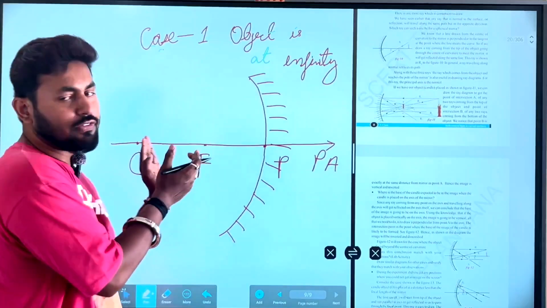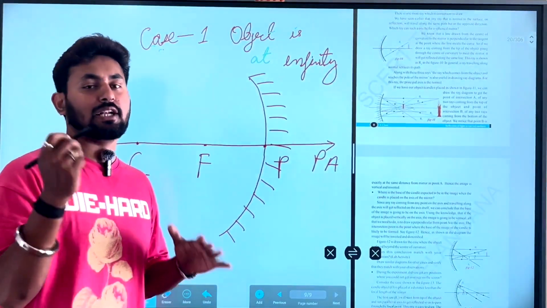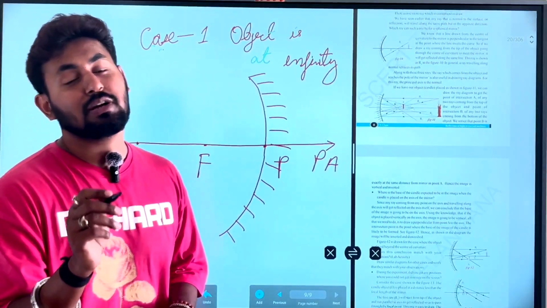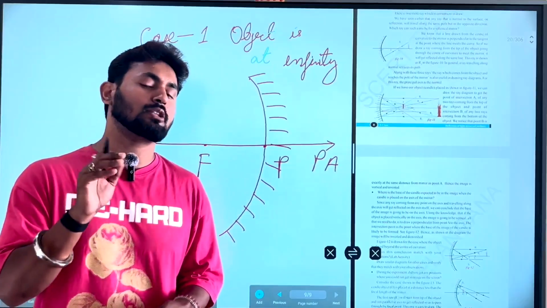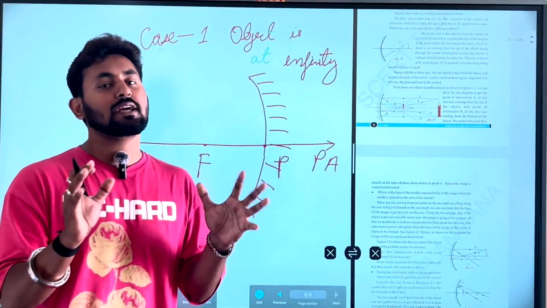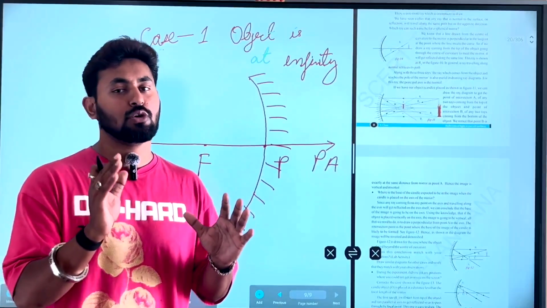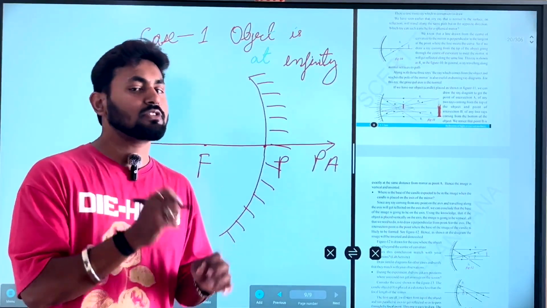I am drawing it roughly over here with this pen, but when you draw it, please use a scale and pencil with a compass, so that you get the measurement of the diagram perfectly, and the nature and everything will be correct.